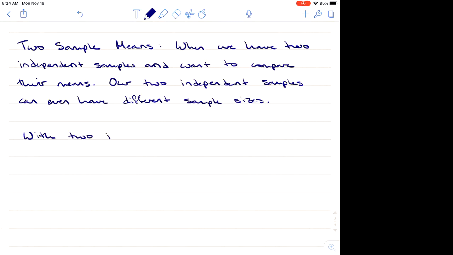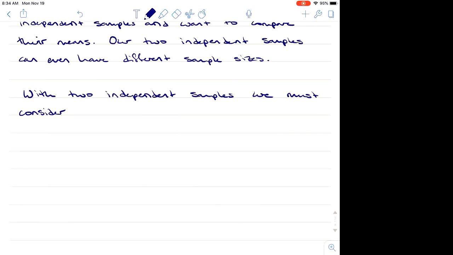Okay. So with two independent samples, we must consider x1 bar and x2 bar, the sample means of each. I would have said group if I had more room.